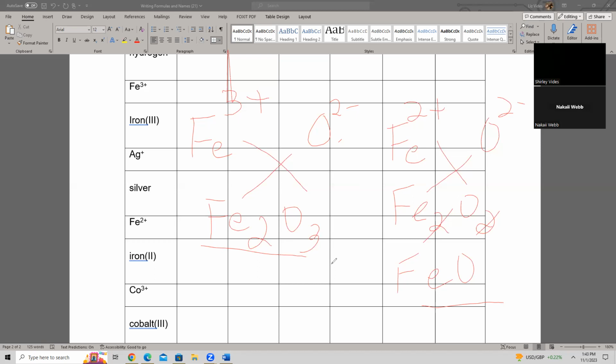So we have to specify which compound we want to make by telling me in the wording of the compound name, iron 3 or iron 2. You notice how you've got a Roman numeral in parentheses. And this time, it's not a 3 like this, it's a 3 in Roman numerals, so that it doesn't get confused with the other 3.